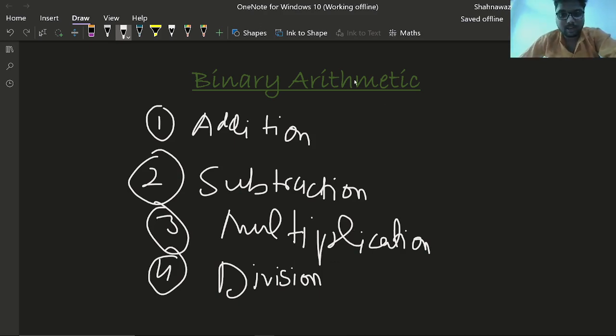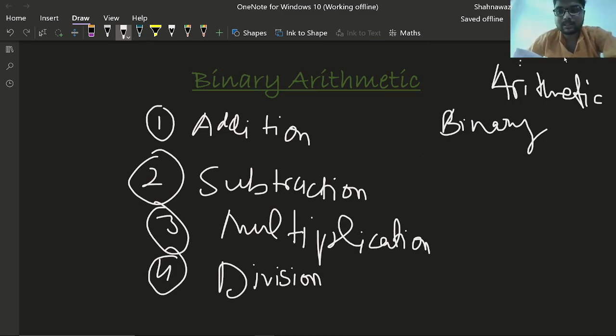I don't think I should dwell on this, so let me move forward. Here we will be discussing binary numbers, not arithmetic in general.